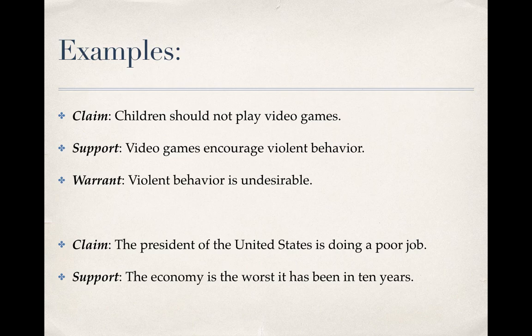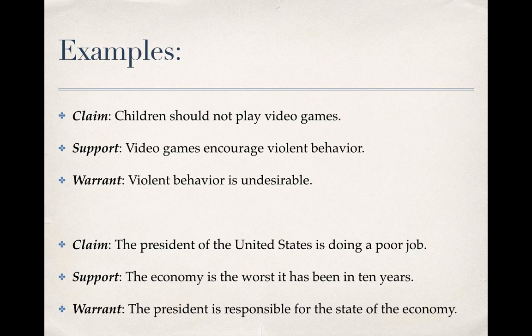Not just that the economy being bad is undesirable, but they're also making a connection between the President of the United States executing his job and the state of the economy. So that's another type of warrant, making that connection. Here we have the connection that the president is responsible for the economy, at least in part. And so they're assuming that their audience is going to make that connection.